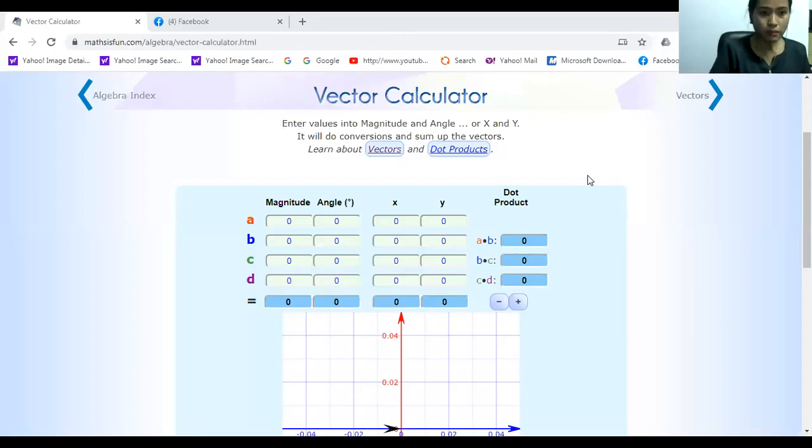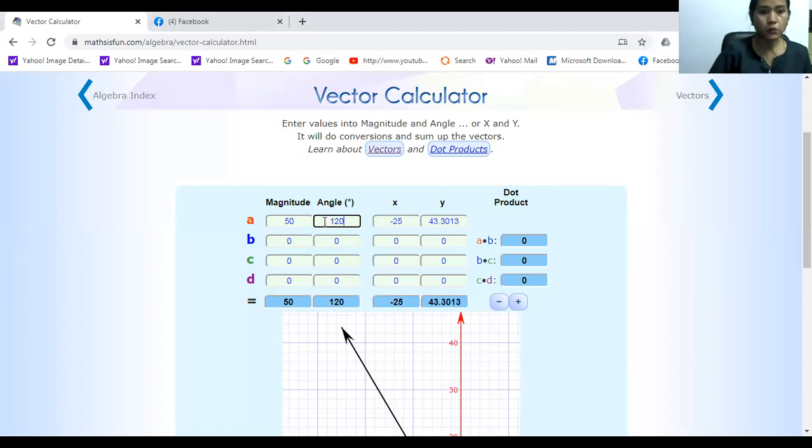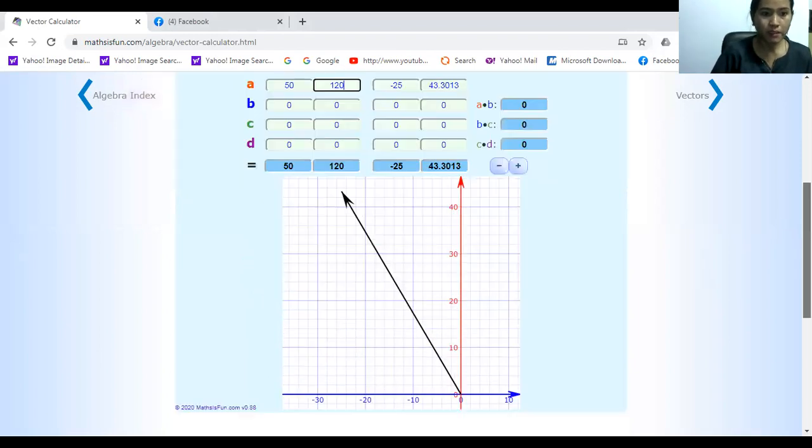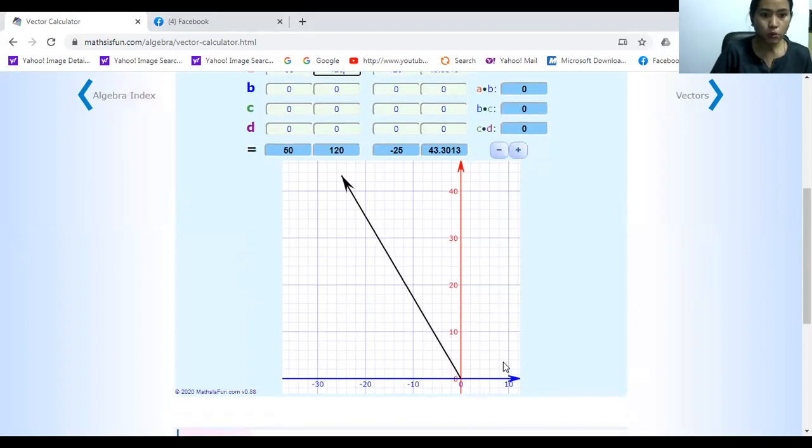To continue, let us recall that the magnitude of our vector is 50 newtons and the angle it formed from the positive x-axis is 120 degrees. The Math is Fun vector calculator will draw or illustrate our vector as you can see on screen. This is the exact vector representation that I have printed in our module.